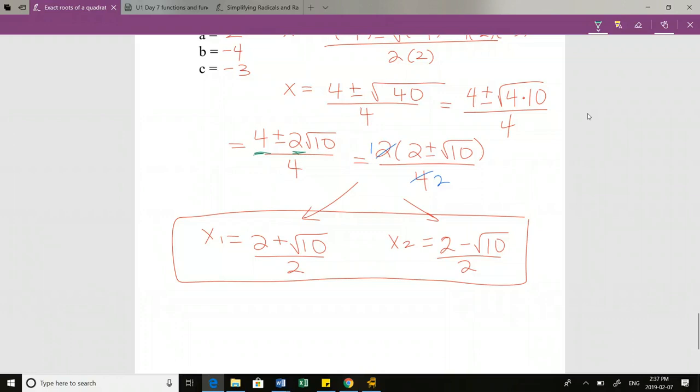What's common between 4 and 2? What can we take out of both? 2. So that's where I get this 2 from. And then I divide both of those numbers by 2. So 4 divided by 2, what do you get? 2. And then when I do 2 root 10 divided by 2, the 2's are gone. So the root 10 is just what remains. Right? Does that make sense? Yeah. Okay. Awesome.